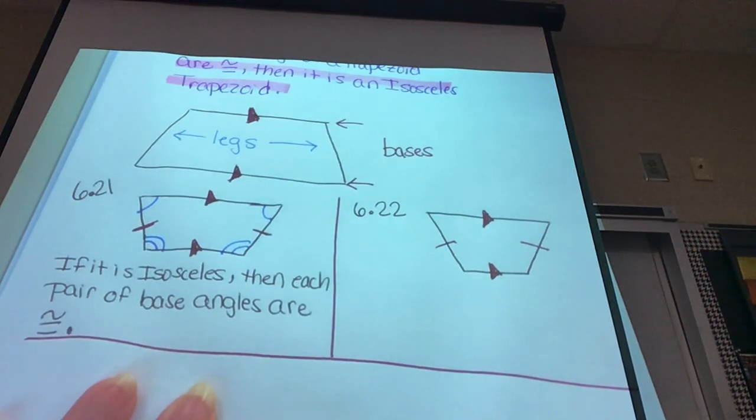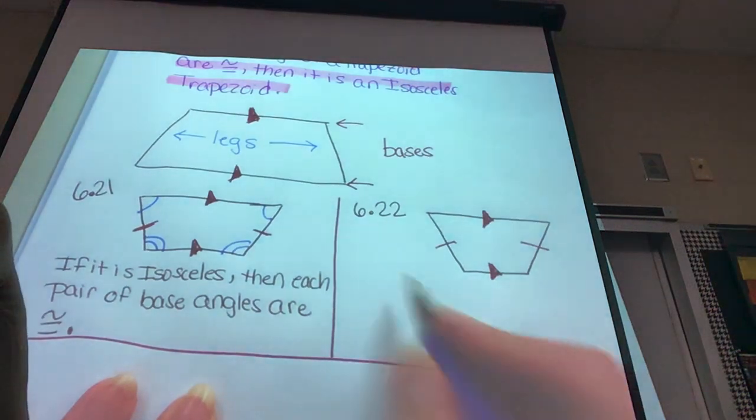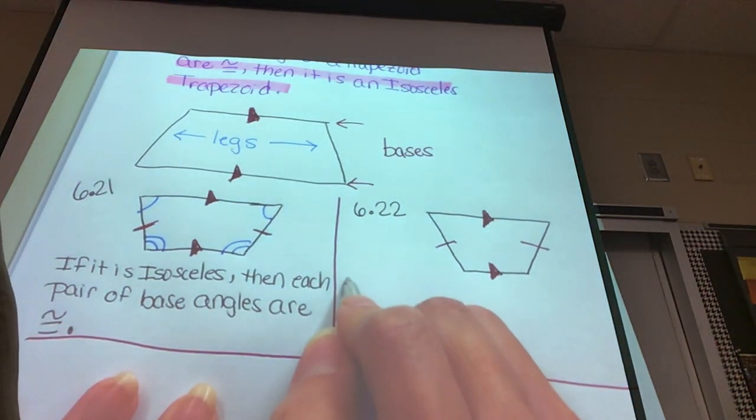Now, in this one in 6.22, it says, if a trapezoid has one pair of congruent base angles, then it's an isosceles trapezoid. So I'm going to put that here.